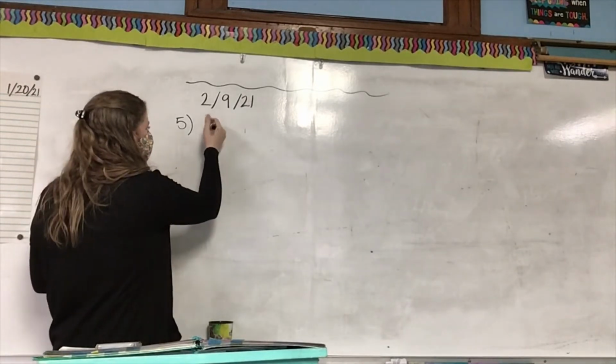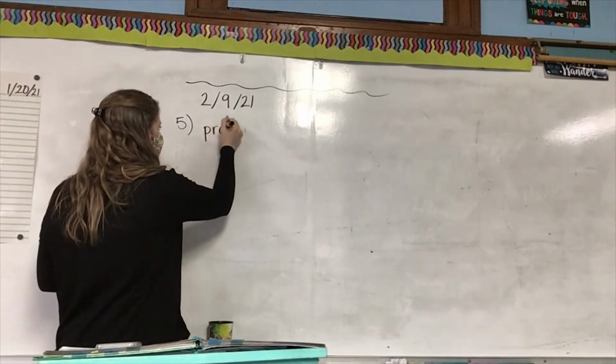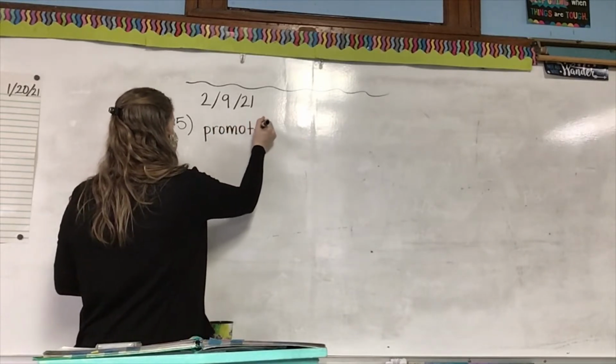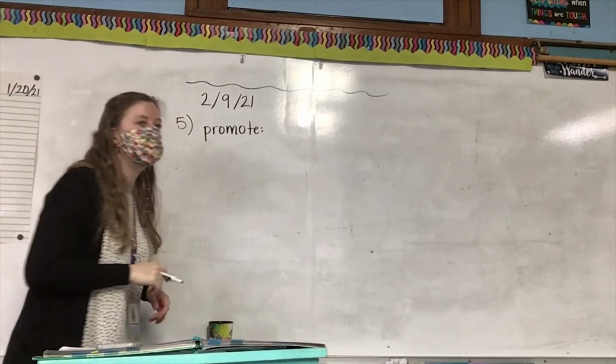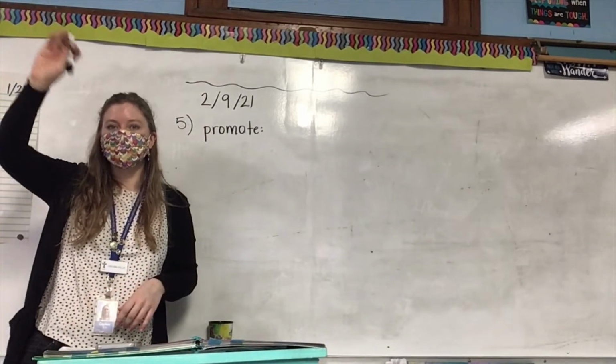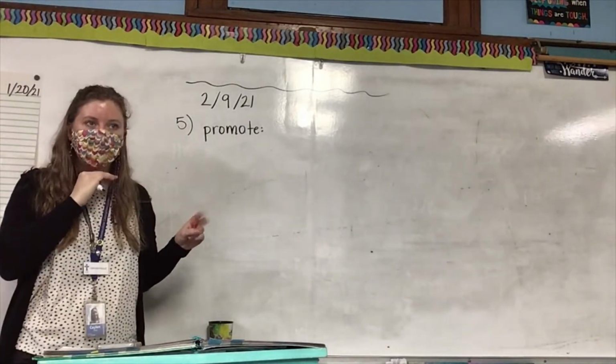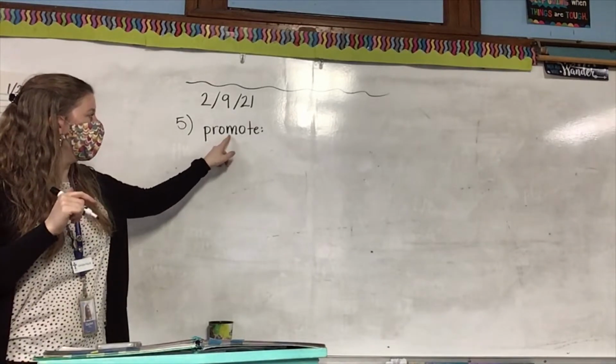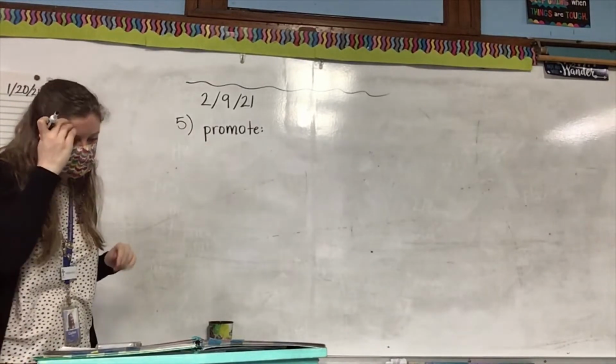Number 5 is the word promote. Promote. How many syllables are in promote? Mason? 2. Promote. P-R-O-M-O-T-E.